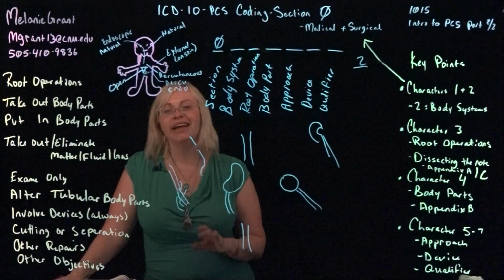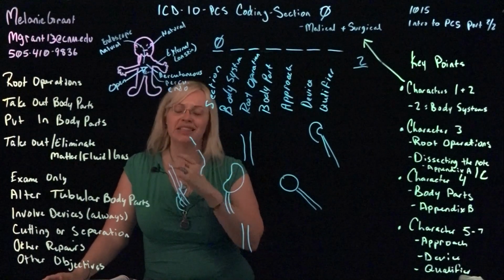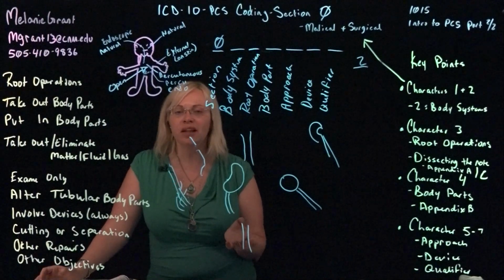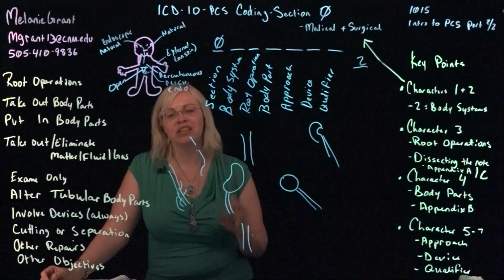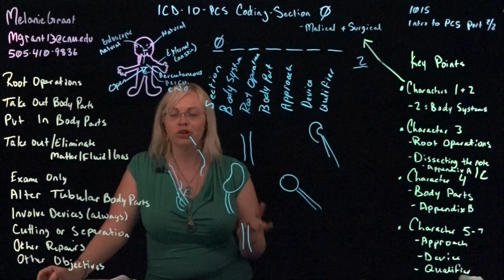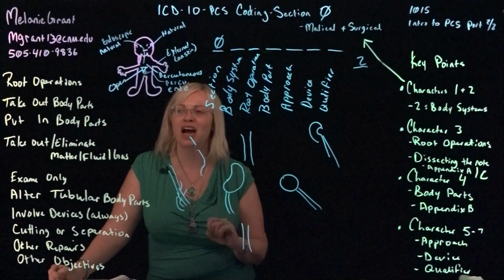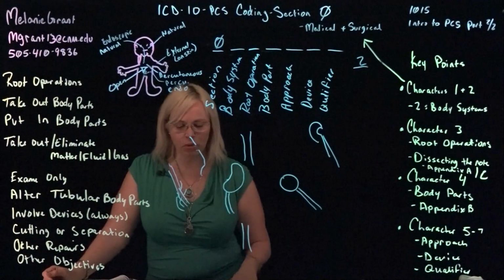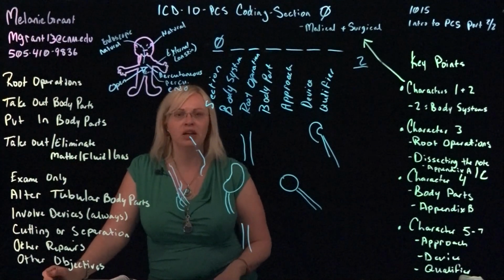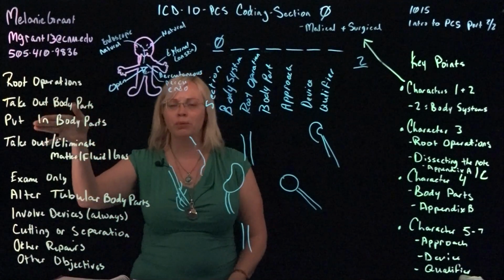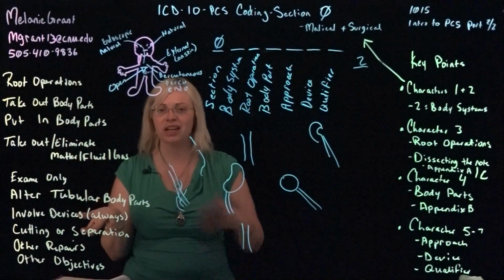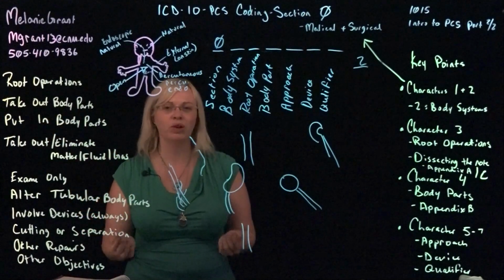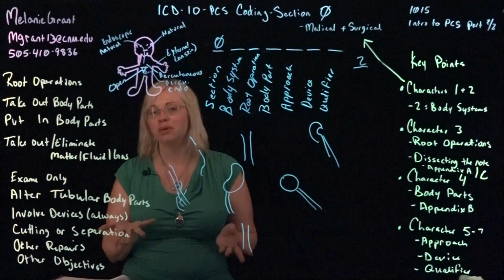So when you're looking at an excision for part of the lungs and you're determining if an entire lobe was removed, you'll actually find that that is considered an entire body part, not a partial. And so for this reason, it's important to look at the body part key when you're identifying the different root operations between resection and excision, because some of those will identify all or some of a body part.